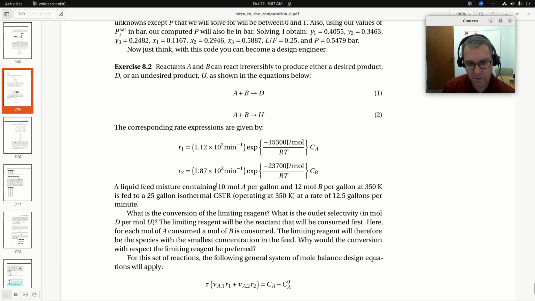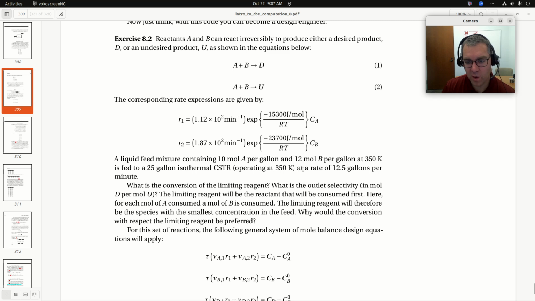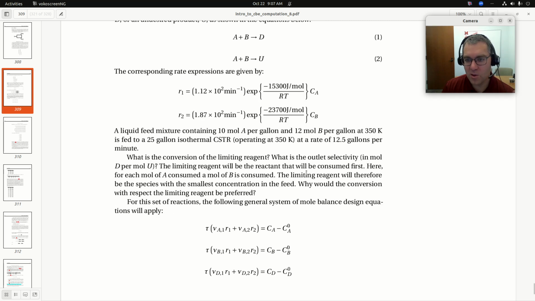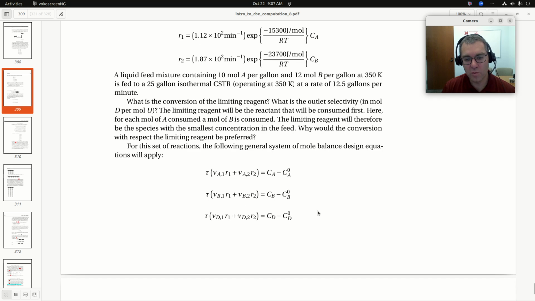We're told that Ca naught is 10 moles per gallon, B is 12 moles per gallon, and then D and U, there's no product flowing into our tank initially, so they're just going to be 0. T is 350 Kelvin, then R, in joules per mole Kelvin, I remember is 8.314.